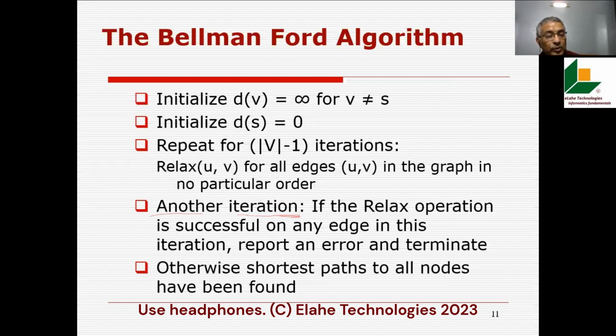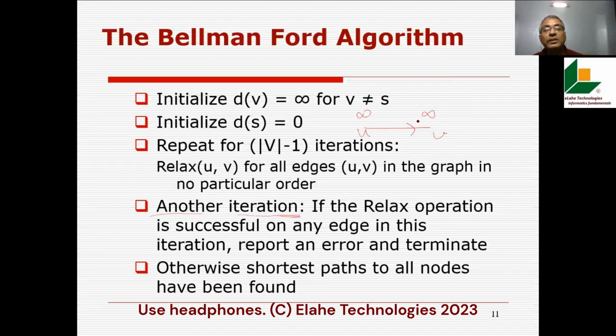You are basically relaxing all the edges in the graph in every iteration in no particular order, but that leads to a lot of redundant relax operations. When you try to relax an edge connecting a vertex u with d value infinity to another vertex v with a d value infinity, it's a useless relax.